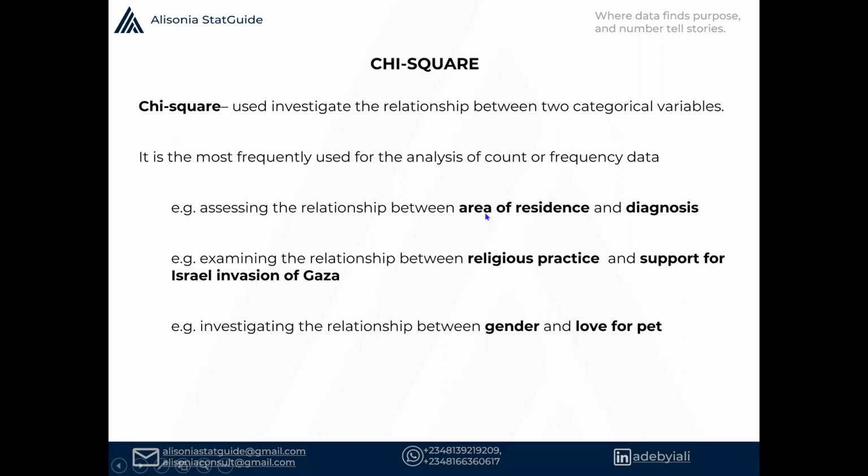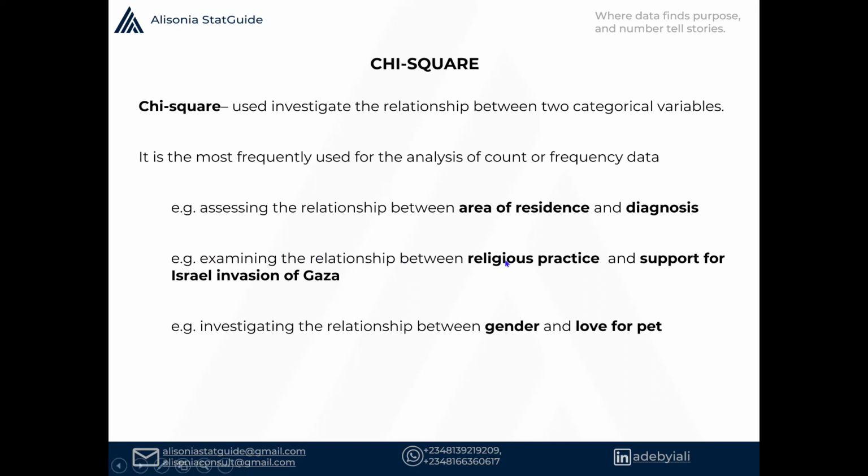For example, assessing the relationship between area of residence and disease diagnosis, maybe diabetes, maybe Lassa fever, a lot of diseases that we have in Nigeria, maybe COVID-19. We want to know maybe whether the prevalence of COVID-19 depends on the area of residence, and so on.